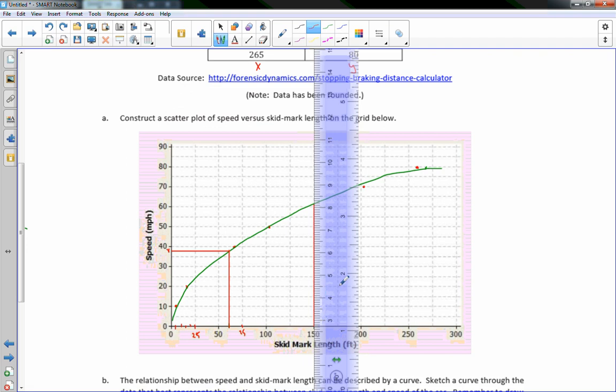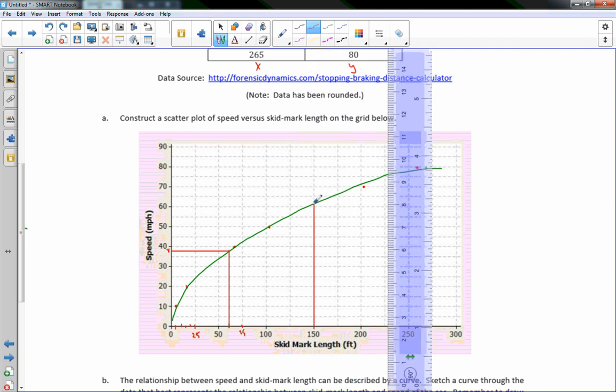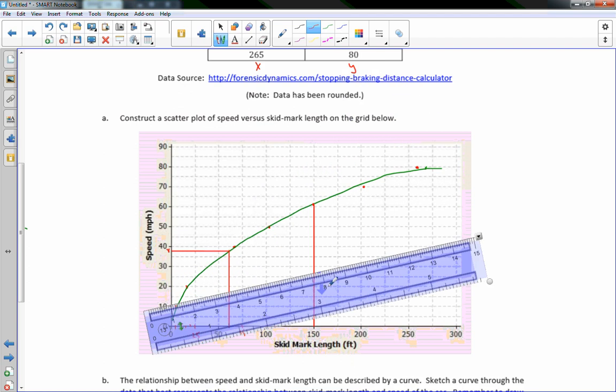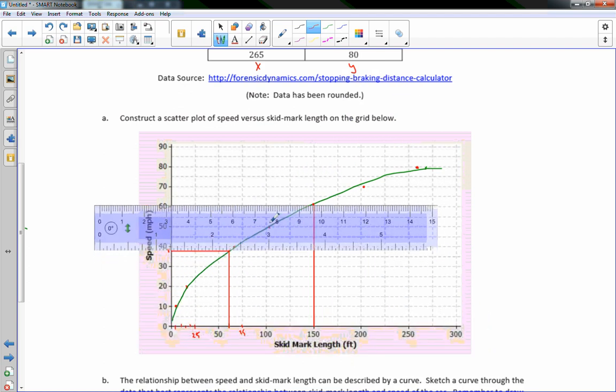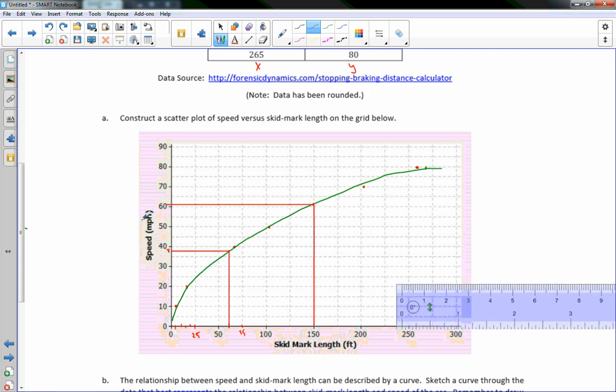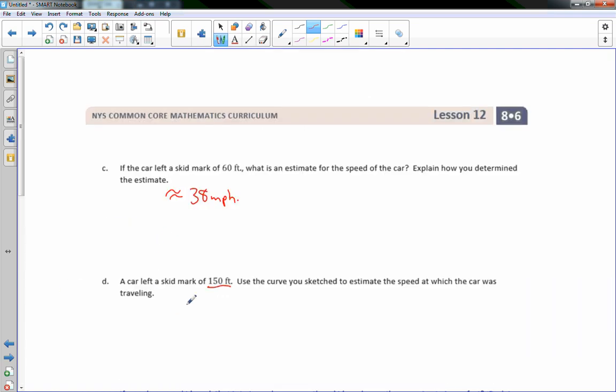So I go up to 150, it's this point right here, and then when I rotate this, it goes over here, and it's just above 60 miles per hour, so I'll say approximately 61 miles per hour.